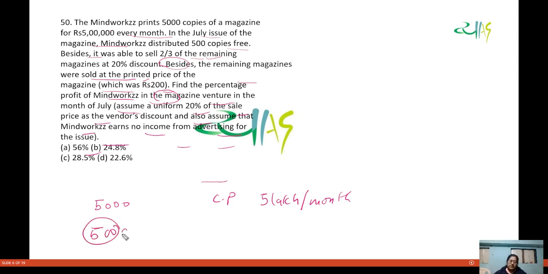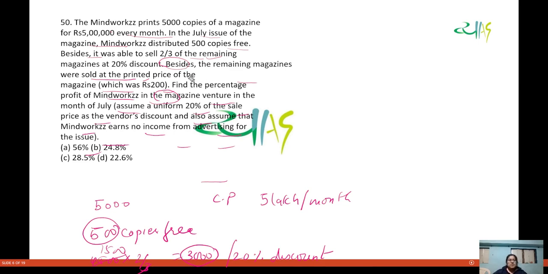Fine. And what else is it saying? Beside it, it was able to sell two-thirds of the remaining magazines. So how many magazines are remaining? 4,500, and two-thirds of those remaining magazines, that is 3,000 magazines, are sold at how much? 20% discount.